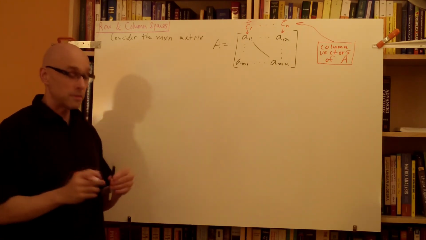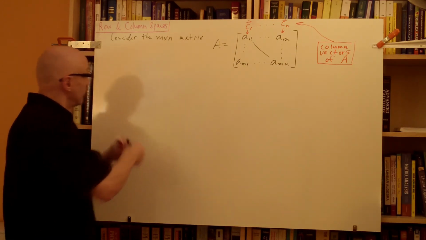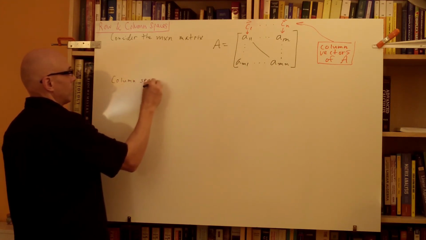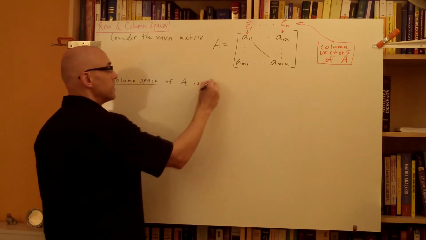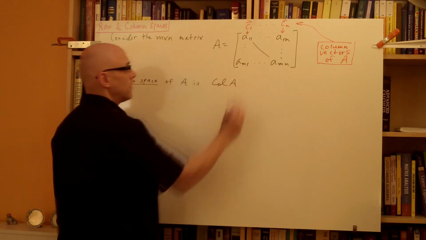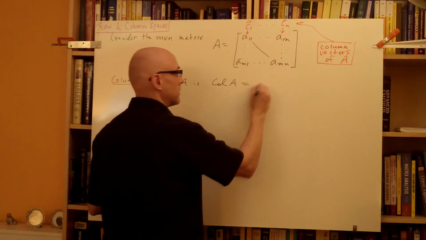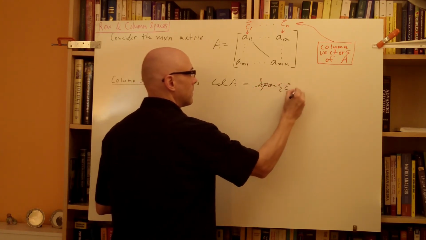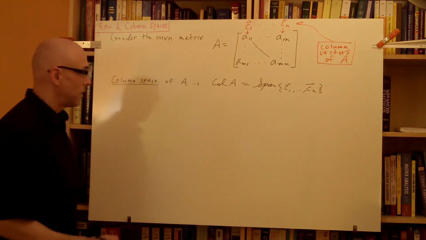The column space of A, which we denote by COL of A, is the span of the column vectors. It's as simple as that.